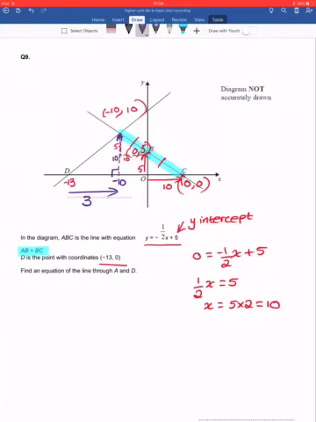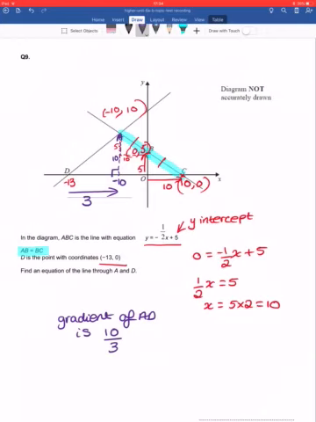So the gradient of AD is how many up? 10 for 3 along. Now don't be put off at this point. I think this is quite a nasty question because of the fractions in it. Okay, so the gradient's 10 over 3.